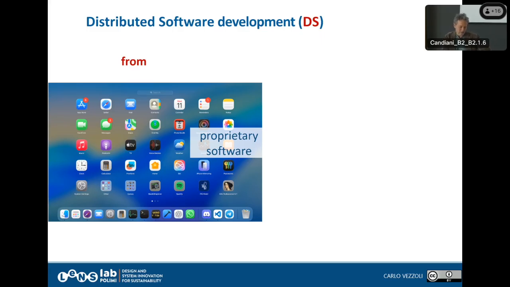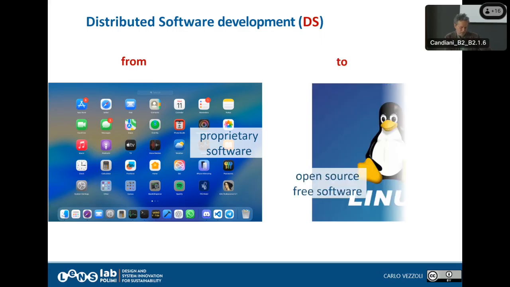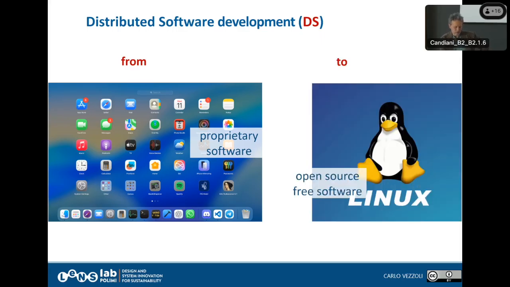So we have proprietary software, but we have even, as you know, Linux, which is an open source free software that is developed not by one big company in a centralized context and structure and department, but is co-developed by different persons that integrate and update the same software, contributing to the use of the same software.